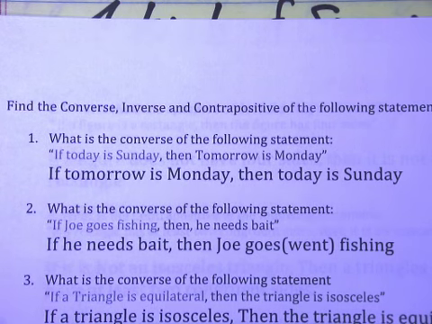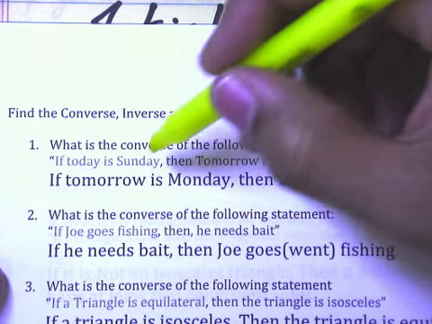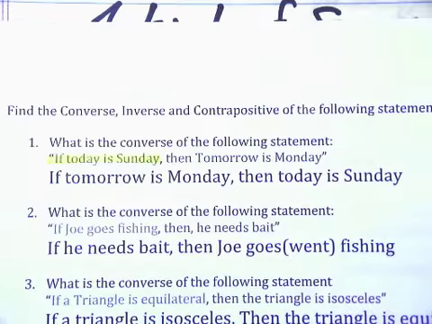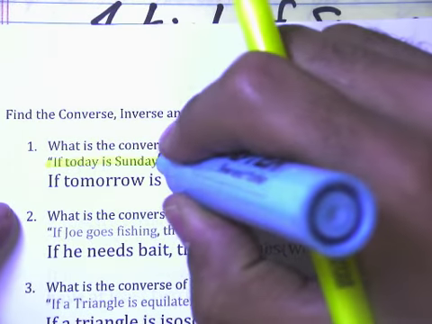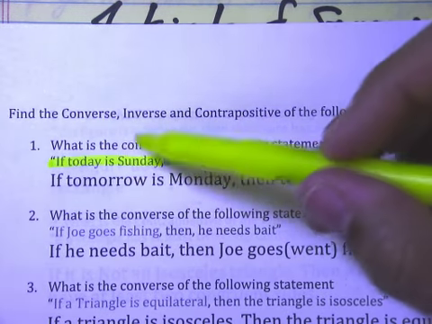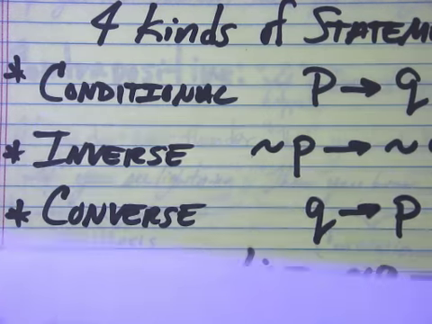Number one, it says, what is the converse of the following statement? If today is Sunday, then tomorrow is Monday. I'm going to put the hypothesis in yellow, or the cause, and then the conclusion in blue, the effect. So this is my P and this is my Q. Well, they're asking for the converse.